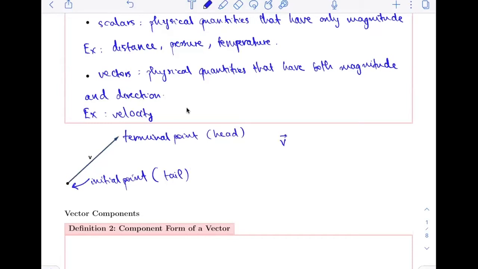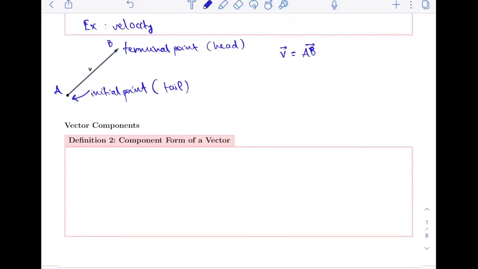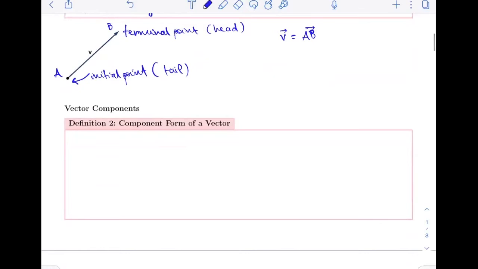Because v is composed of two points, the initial point and the terminal point, let's say the initial point is A and the terminal point is B. This particular vector v can also be described as AB with the arrow on top to indicate that it is a vector from A to B. So given two points, the initial point and the terminal point, we can actually calculate the value of the vector.